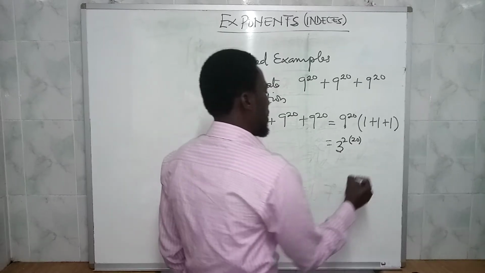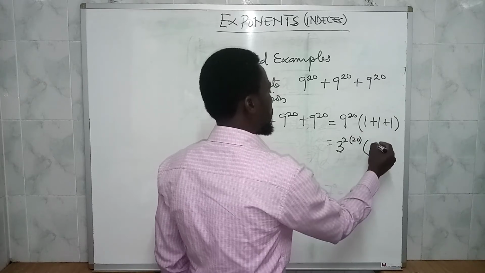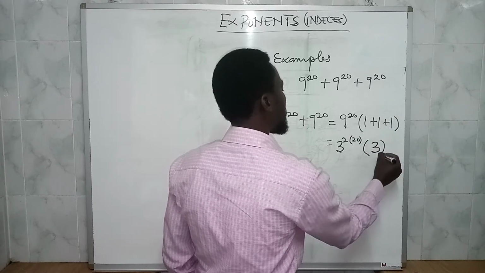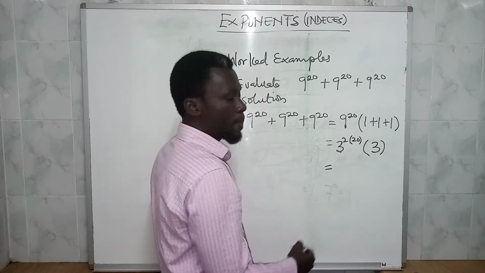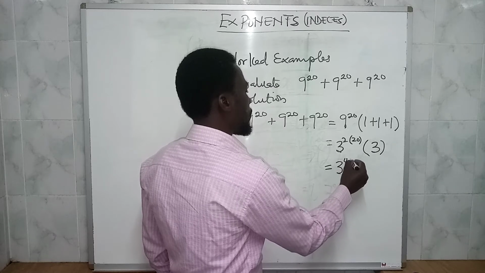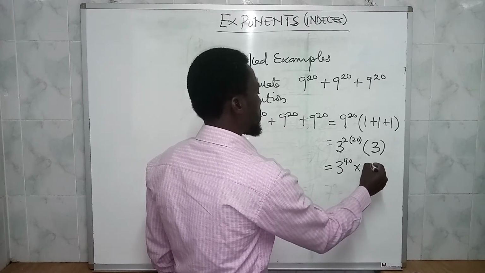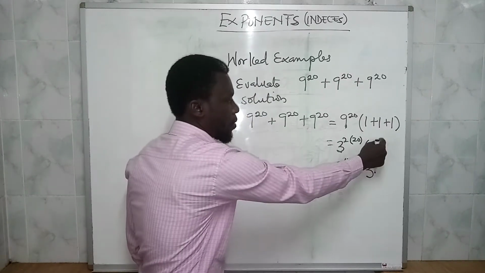Then we bring our bracket, we add 1 plus 1 plus 1, which gives us 3. So this is equal to 3 raised to the power 40 times 3 raised to the power 1, because there is a power of 1.